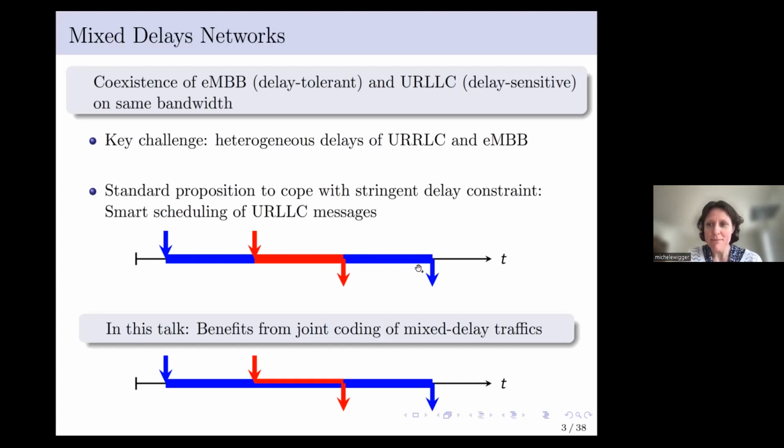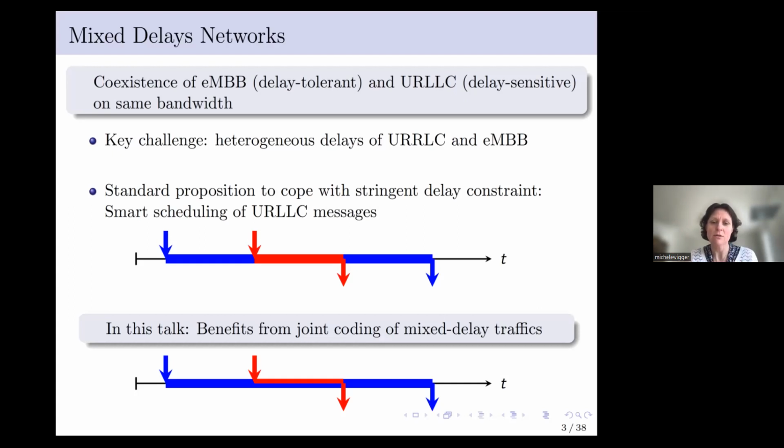The main theme in this talk is that that's not what we should do. Instead, during the duration after the delay sensitive information arrives, we want to do some joint coding of the information, not simply stop the other and decode one before we can decode the other.